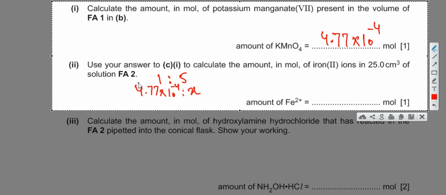This is going to be multiplied by 5. So I multiply my answer by 5, and the answer I obtained is 2.385 times 10 to the power minus 3. Is that clear? Now remember this value, this will help us a lot.